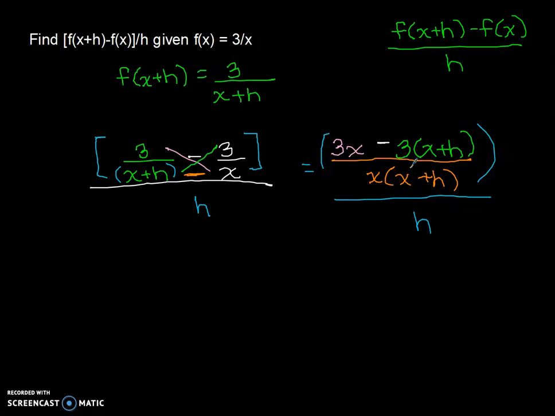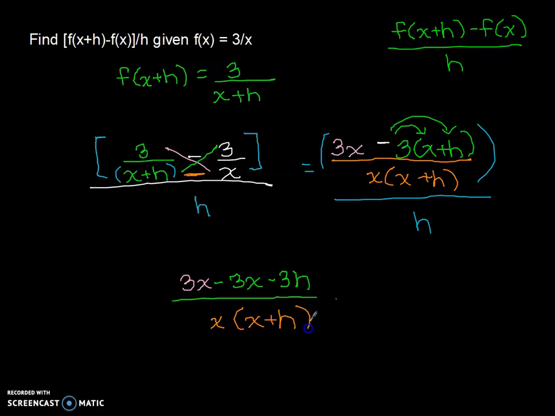So we're going to bring down the 3x, and I'm going to distribute that -3 to the x and the h. So -3x minus 3h all over x times x plus h.